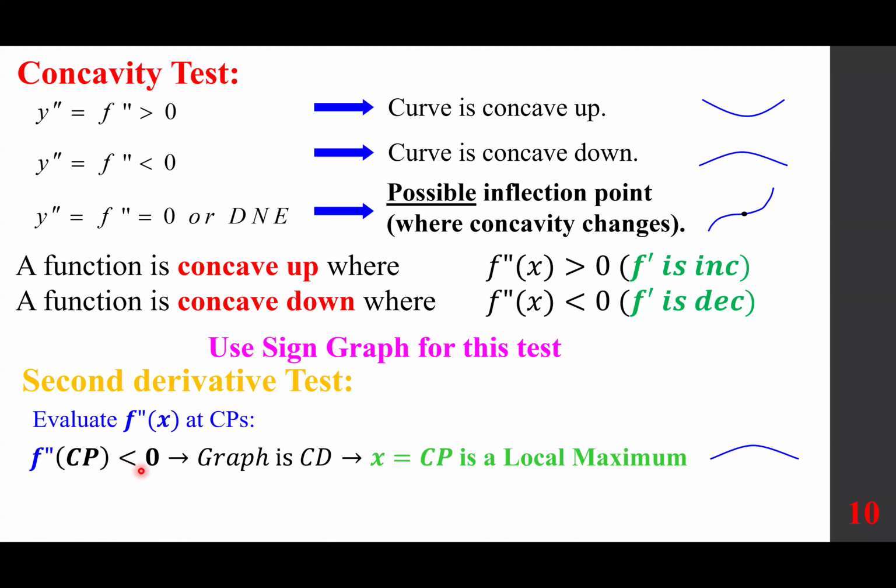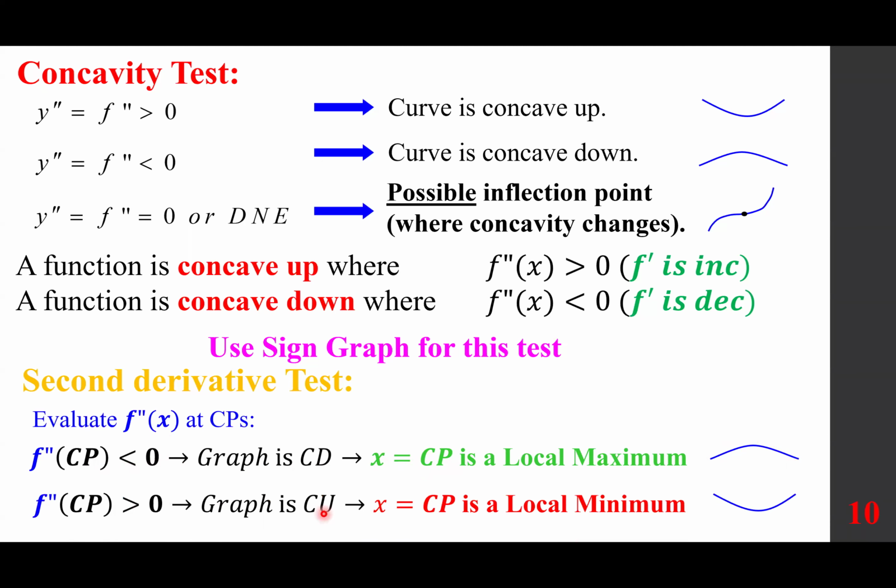If that gives you a negative value, the graph is concave down, so therefore x equals that critical point must be a local max, looking like that. On the other hand, if it's positive, the graph is concave up, looking like that, and that critical point must be the location of a local minimum. That's what it's all about. Synopsis of everything you need to know, and we are ready to graph.